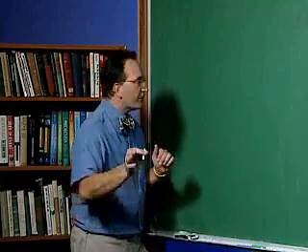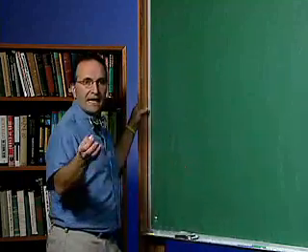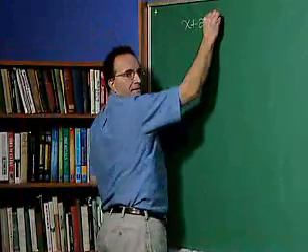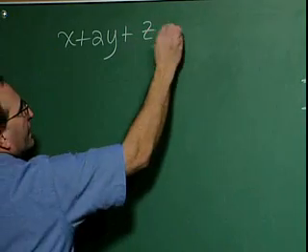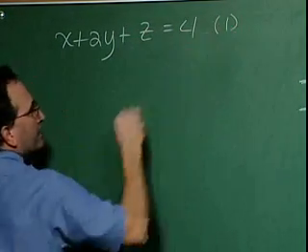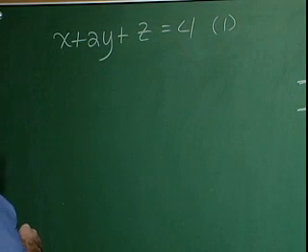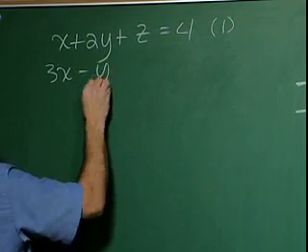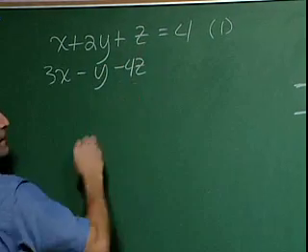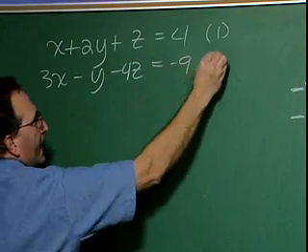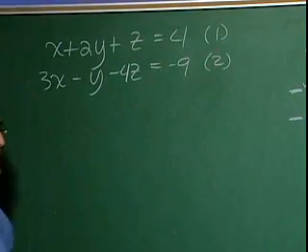Let me write down the two equations on the board, and then we can begin to solve them. The first equation that I gave to you is x plus 2y plus z equals 4, and I'm going to refer to that as equation 1. Then I have 3x minus y minus 4z is equal to -9, and that's equation 2.